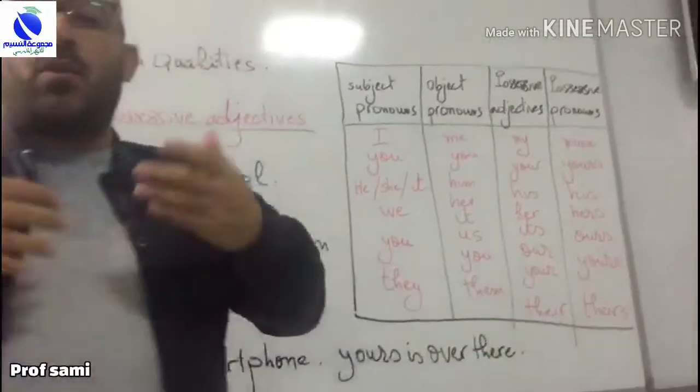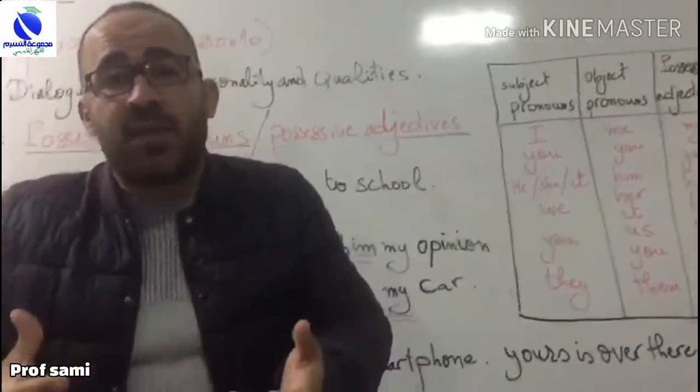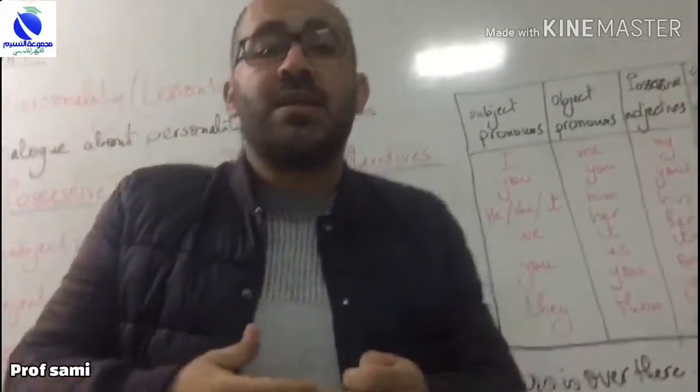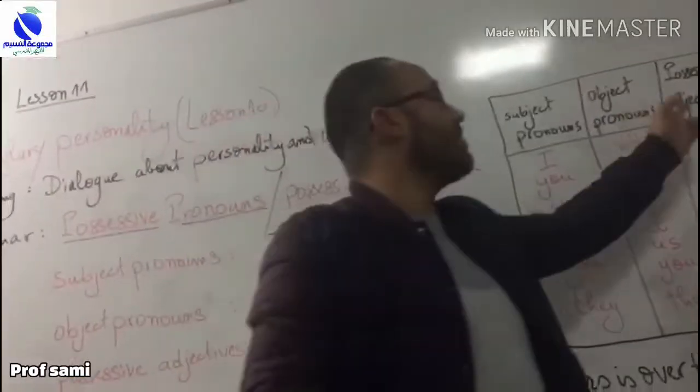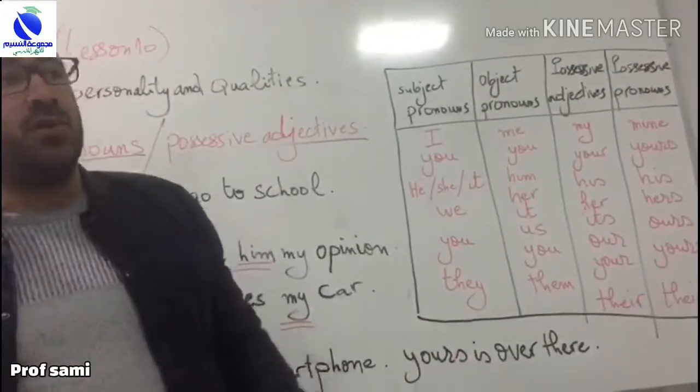So when I want to express that something is for me, I own something, I possess something, so I use a possessive adjective. So I hope that is clear for you.